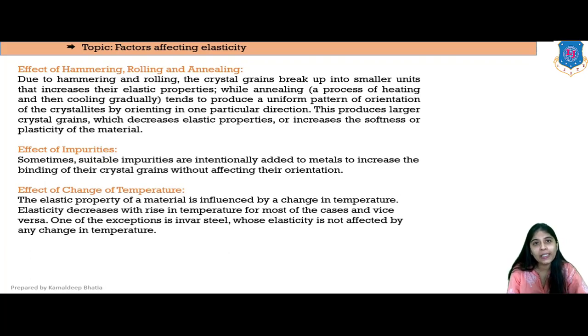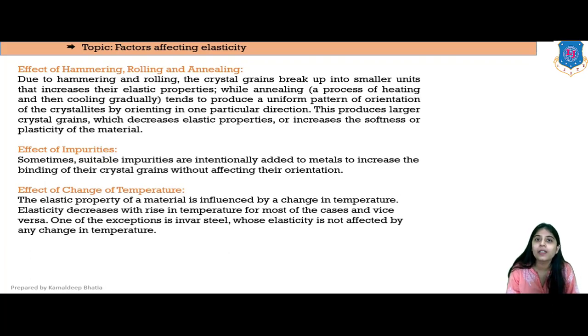So what happens while annealing? Annealing produces a uniform orientation of the crystals in one particular direction, which produces larger grains of the crystals. This decreases the elasticity, or we can say increases the softness of the material, or increases the plasticity.